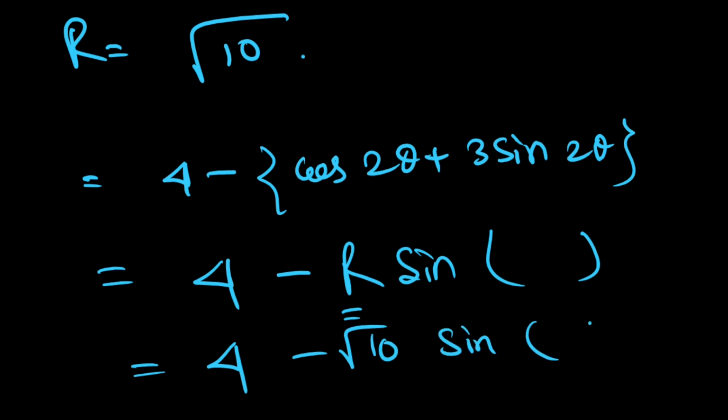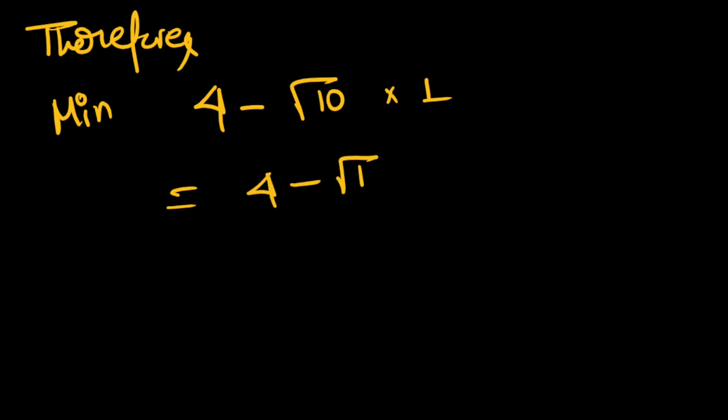So we want to find the minimum value of this function, so we put the maximum value of the sine function, which is 1. Therefore the minimum value of our function is 4 minus root under 10. This is the answer to this question.